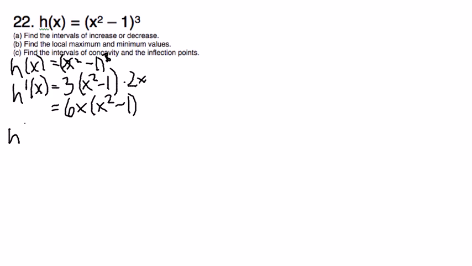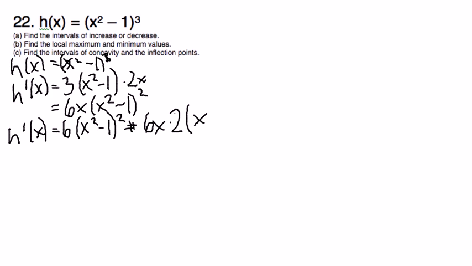And then when we take the second derivative, you can see that we have a product rule with the chain rule. So we're going to have to do the derivative of the first, which is 6, times the baby, which is (x squared minus 1) squared, plus the first times the derivative of the second, which is 2 times the baby times the derivative of the baby, which is 2x, which can be simplified further.